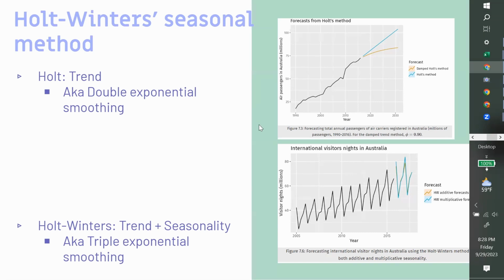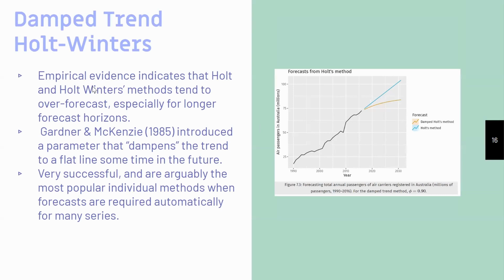Yeah, so on to the next. Another thing is the damped trend Holt-Winters, or just Holt. What happens is that oftentimes Holt's and Holt-Winters models over forecast. They make the trend too important to the model, and the trend will continue indefinitely. So for some things like population growth or GDP, it will just make the trend go on indefinitely, as you can see here.